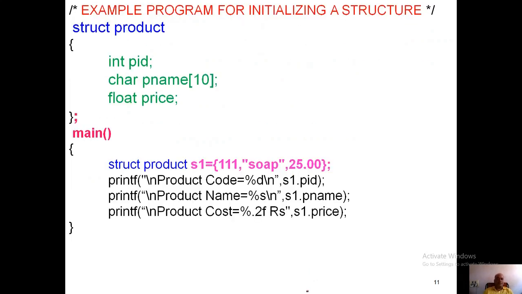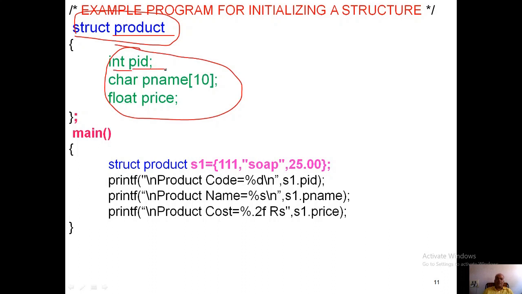So, an example program for initializing a structure. Let us go with another structure, struct product. Here I am declaring a structure called product. In this product there are three data elements: int product ID, char product name of 10, float price. Whenever I want to initialize these three data elements, I have to initialize the values for all of them, but it is not possible to initialize the value for only one.